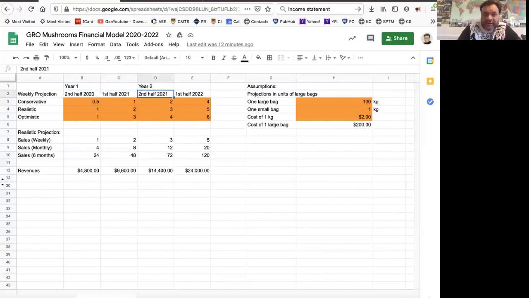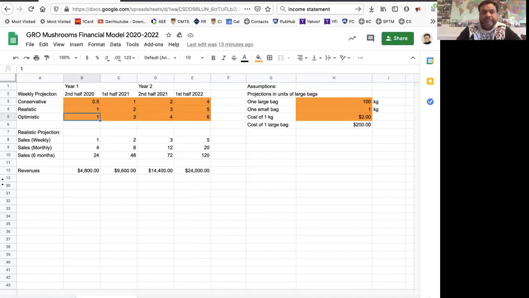Year 2 is second half of 2021, first half of 2022. So over a 2-year period, broken up into 4 6-month periods, our conservative estimate is that we can sell half a bag in year 1, followed by 1, 2, and 4. A realistic estimate would be 1, 2, 3, and 5. An optimistic estimate is 1, 3, 4, and 6 on a weekly basis.